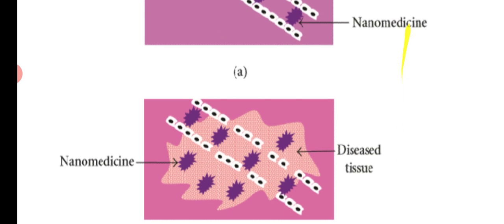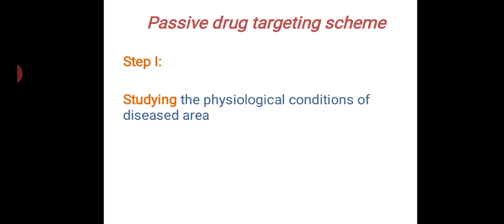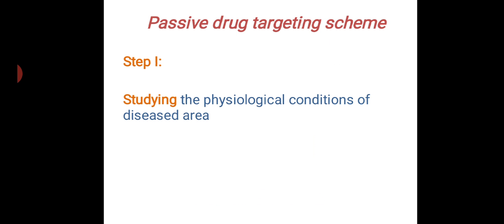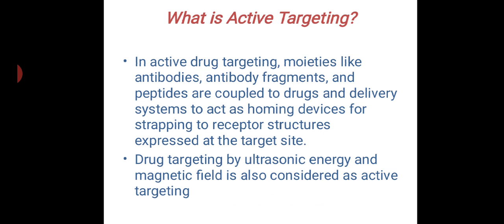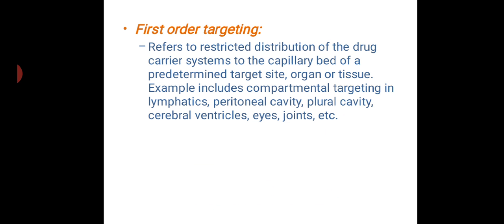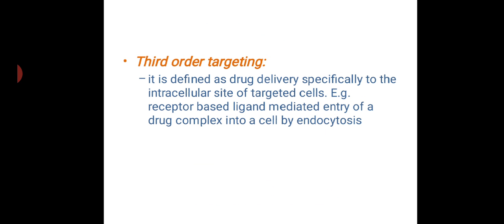But in the case of a diseased condition, the membranes are weaker, with looser fenestrations, and it is permeating the medicines into the intracellular part. So in this way, our drug carrier complex targets the systems, and it remains in the system for a longer period of time.